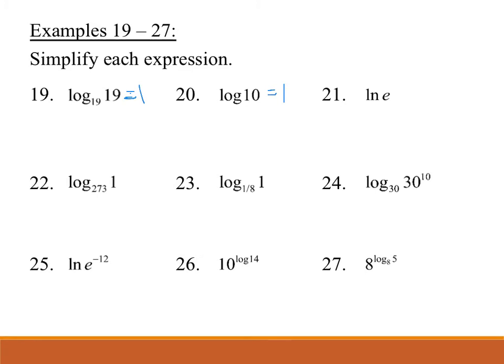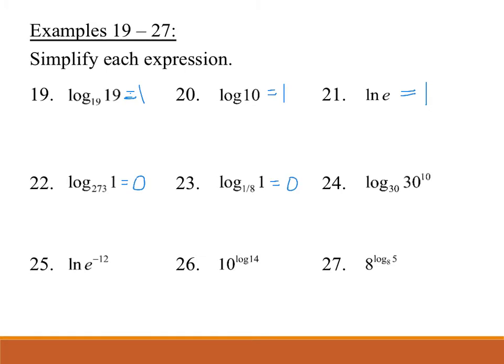The natural log of e is just equal to 1. The log base 273 of 1 is just equal to 0. The log base 1/8 of 1 is just equal to 0.